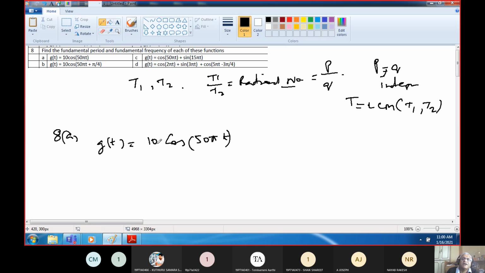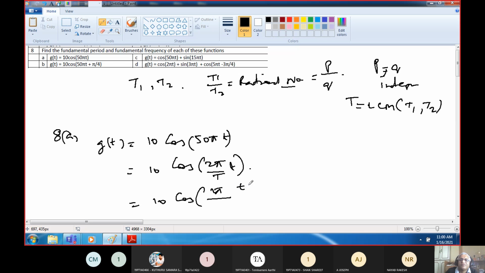Now what is the time period of this one? To find the time period, we should write this in the form of 2 pi by T into t. So this is nothing but 10 cos 2 pi divided by T, and we should get 50 in the numerator, is it not?